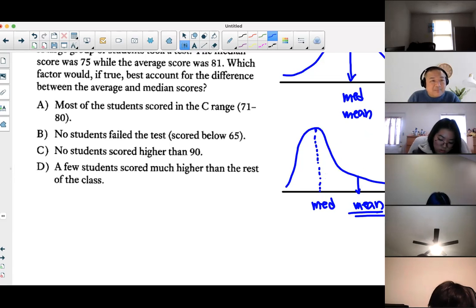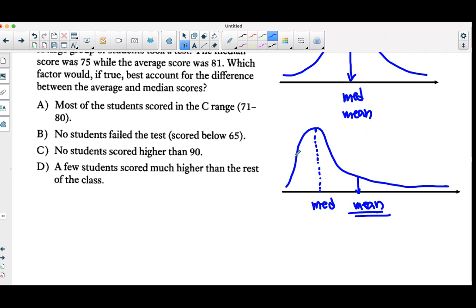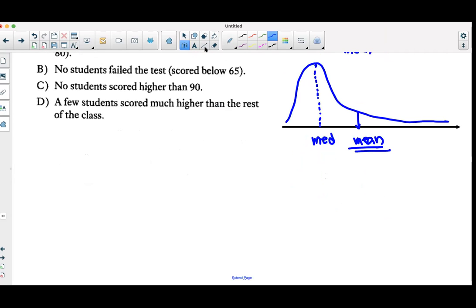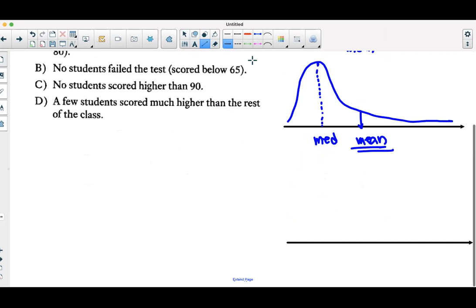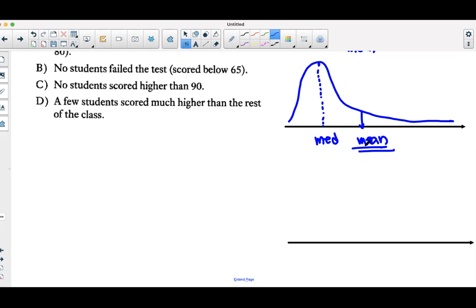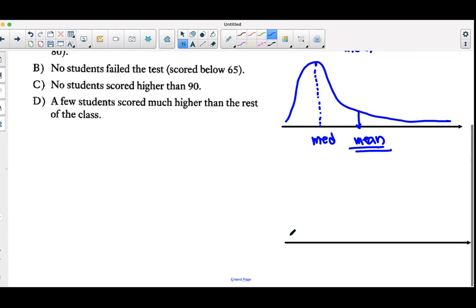So for example, I'm going to flip the picture here a little bit. What if we take some sort of exam, and a lot of people scored very high? That happens. It was an easy exam, but I happen to have a couple of students who did very, very poorly.